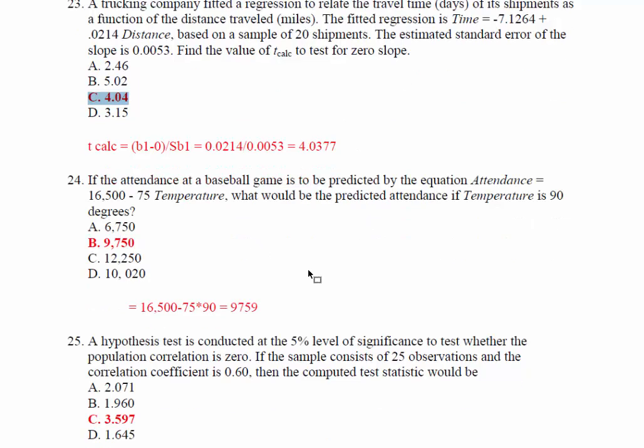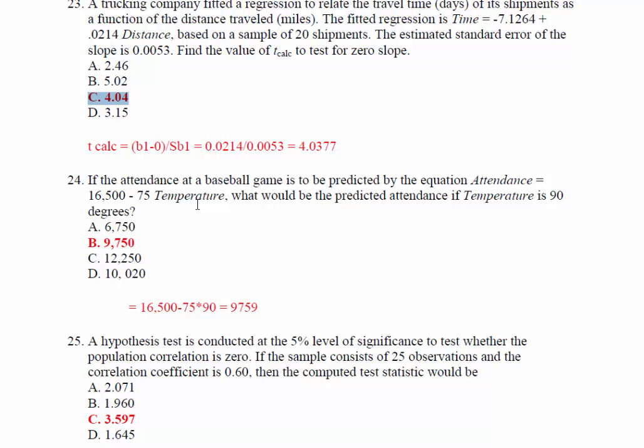Question number 24. If the attendance at a baseball game is to be predicted by the equation attendance equals 16,500 minus 75 times temperature, what will be the predicted attendance if temperature is 90 degrees? It looks like this is minus 75, the slope, meaning if temperature increases, attendance goes down.